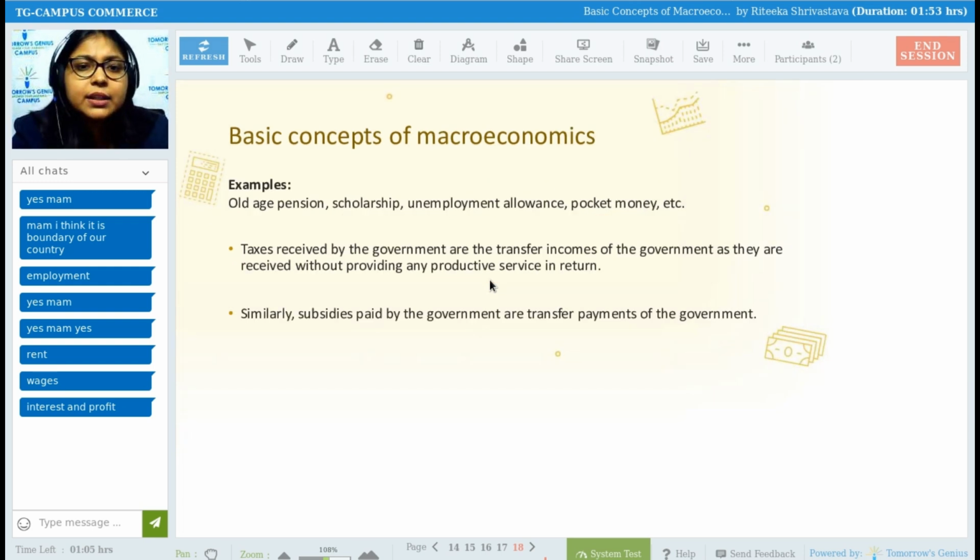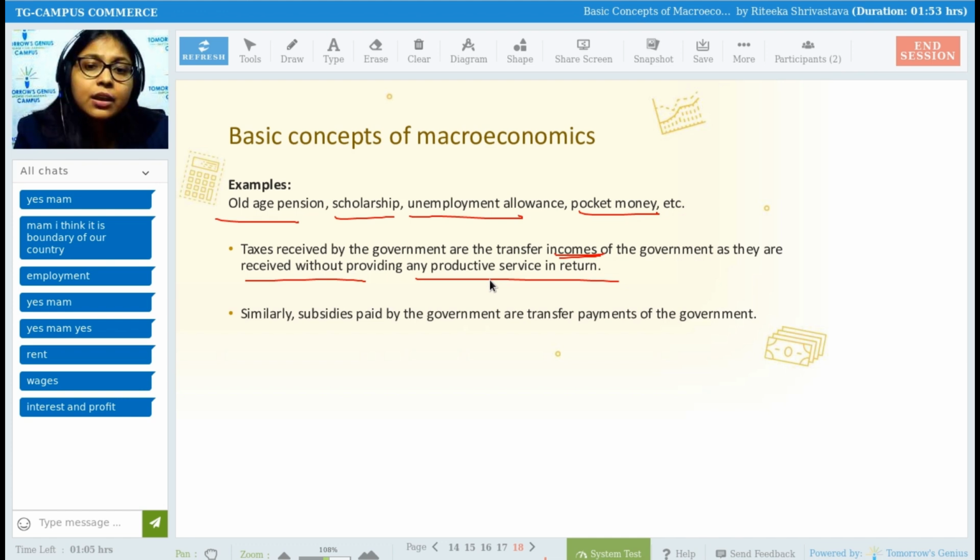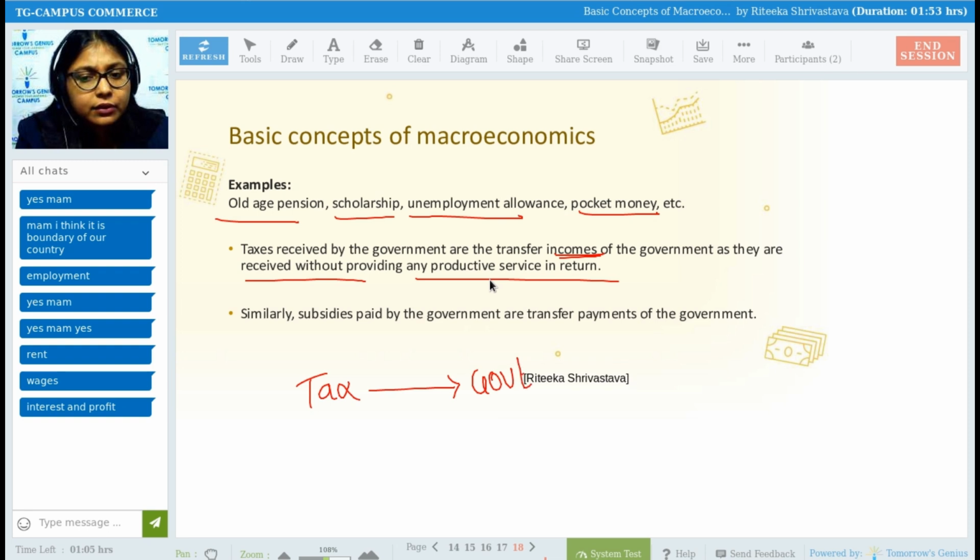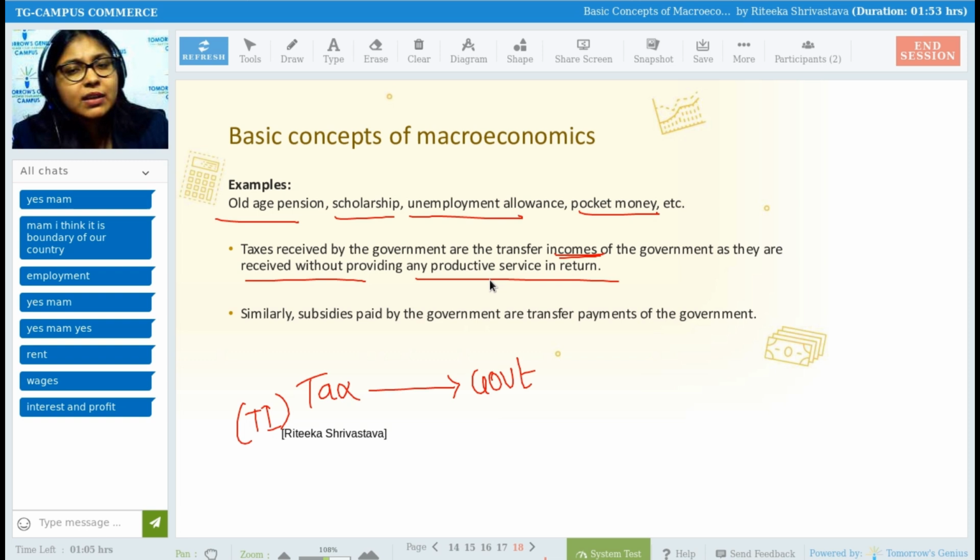Examples. Now, what are the examples? Old age pension, scholarship, unemployment allowance, pocket money, etc. Taxes received by the government are transfer incomes of the government as they are received without providing any productive services in return. We know that we pay taxes to the government, right? So these taxes are part of transfer income. Say suppose I go and pay tax to the government. The government will not say, okay, fine, Ritika, what do you want?